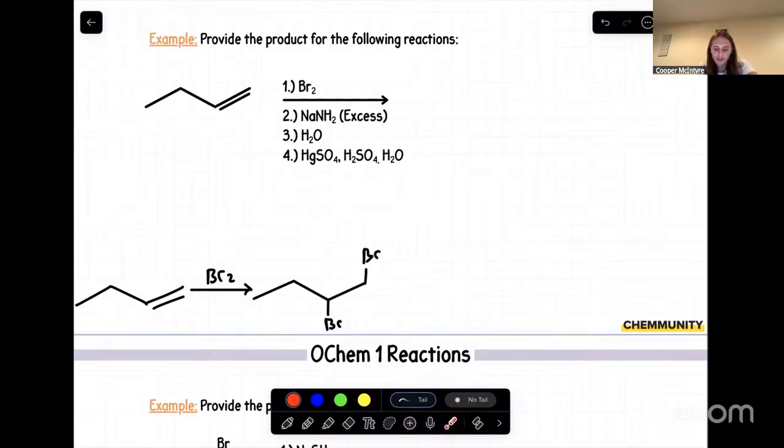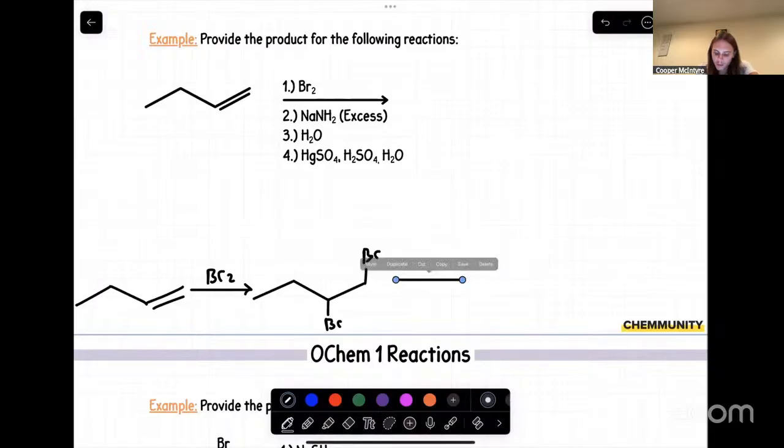But now that we have vicinal dihalides, what we can do is look at steps 2 and 3. Since we have our super strong base, that NH2 group with the negative charge, it is in excess. Whenever we have vicinal dihalides and an excess of a super strong base, what we'll end up forming is an alkyne.